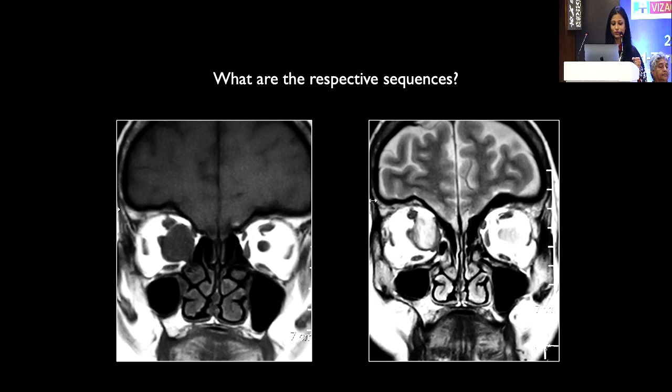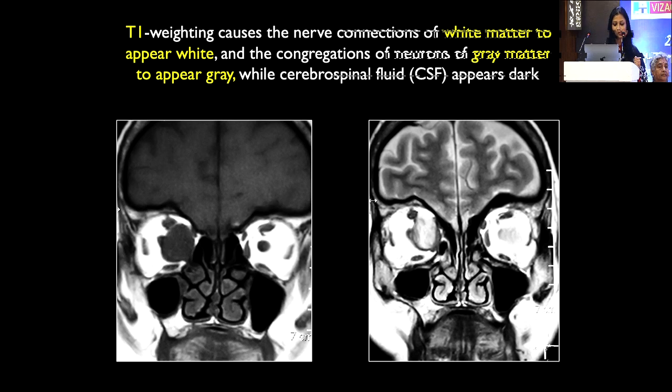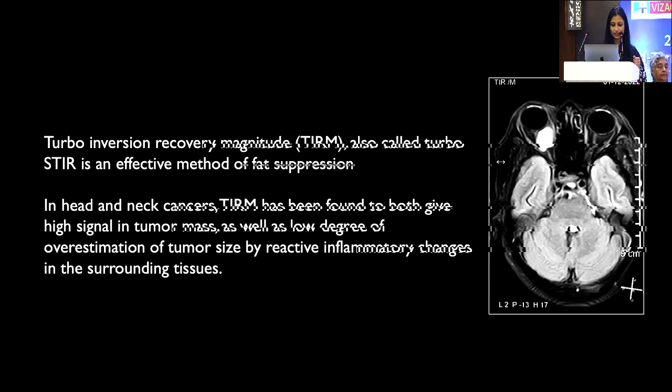So it's something that we should also be aware of, that we can't see the vitreous in here because there's no globe. So what are these respective sequences? It's easy to remember. T1 weighting causes the nerve connections of white matter to appear white and congregations of neurons of gray matter to appear gray. So the first picture is T1, the second picture is T2.